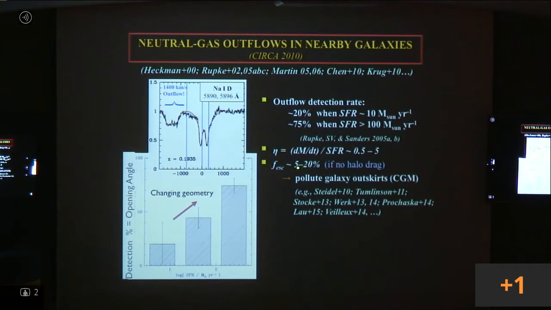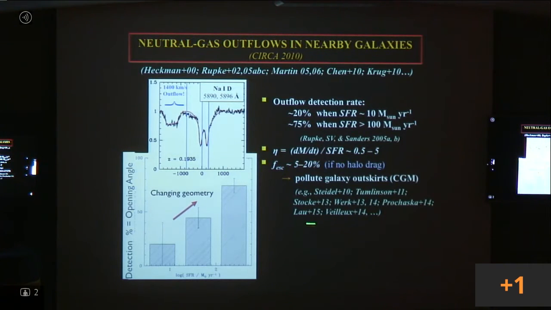Just using the kinematics, the velocity, and the escape velocity that we could estimate from these objects, we got the escape fraction of the gas of being 5 to 20%, but that assumed no halo drag. And we now know that these objects have coronae, or gaseous halos, that are metal-rich and contain, in some cases, almost as much oxygen in the halo as in the galaxy themselves.